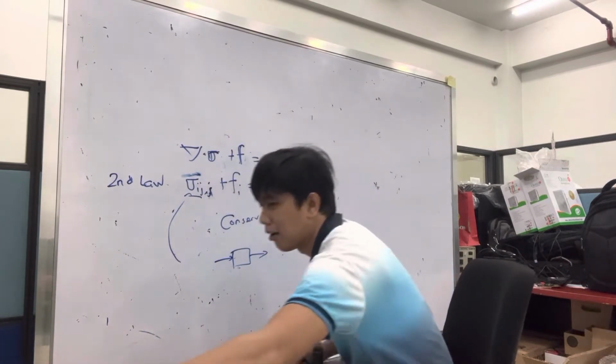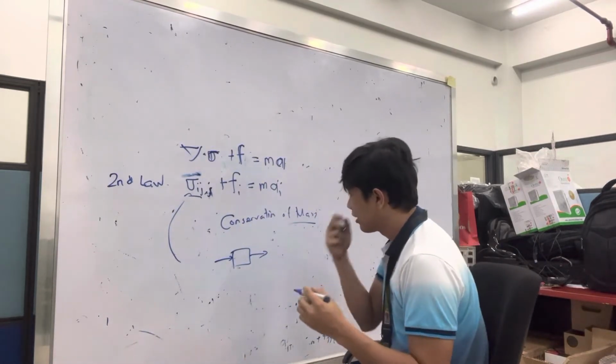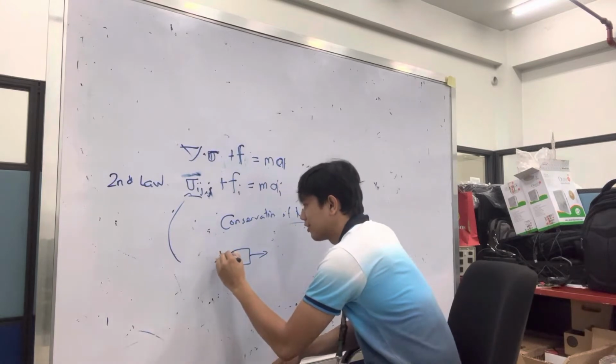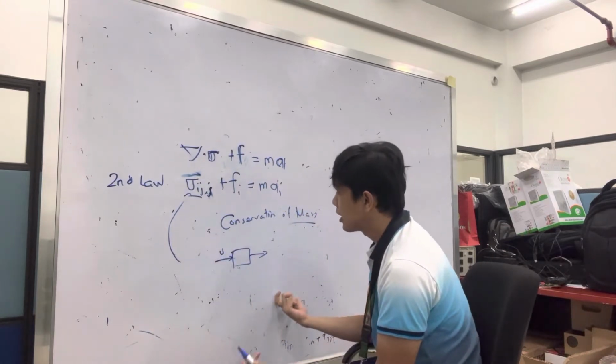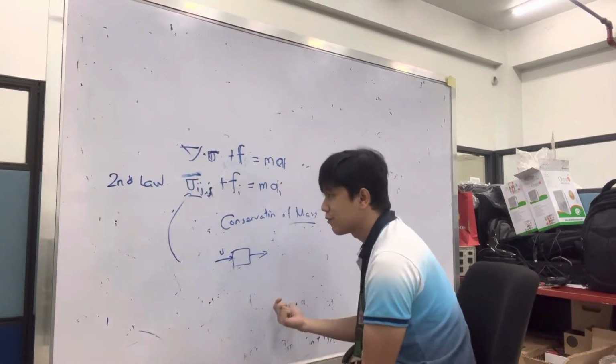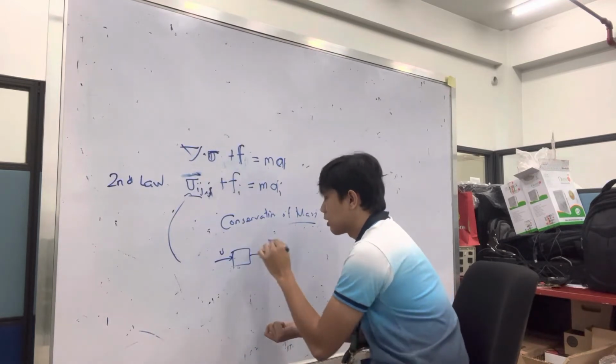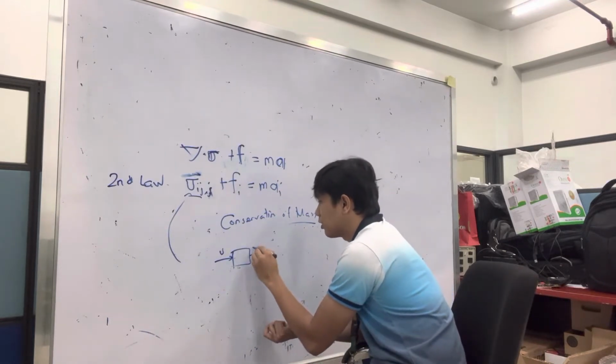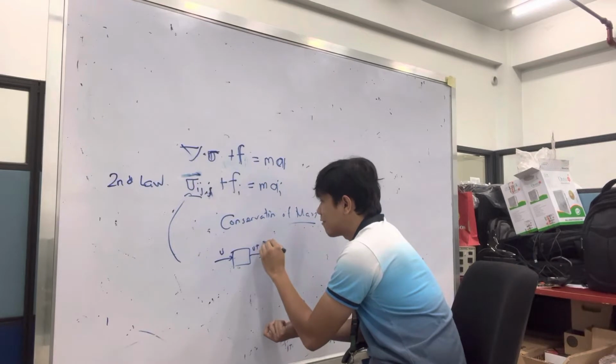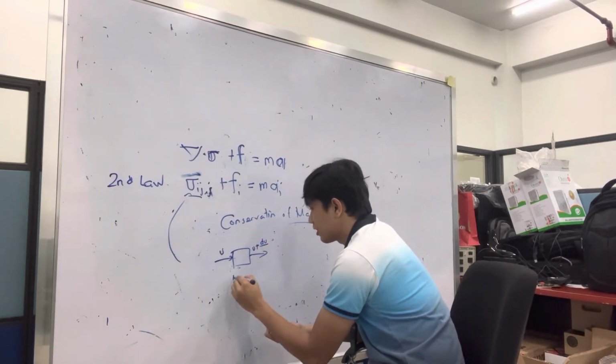So, para ma-identify, meron kang flow going in. So, treat muna natin as u yung velocity. Pero halimbawa, yung flow that goes out, whatever changes that are happening in here.